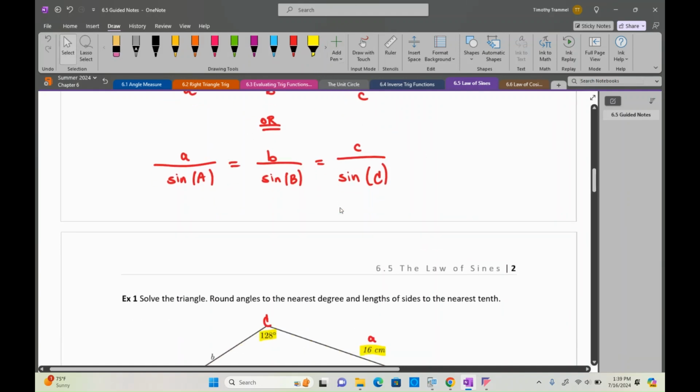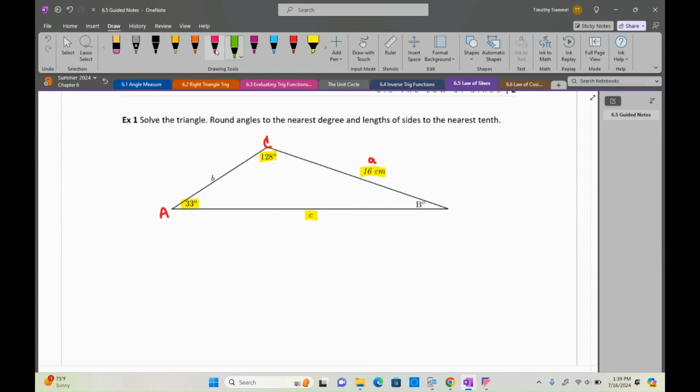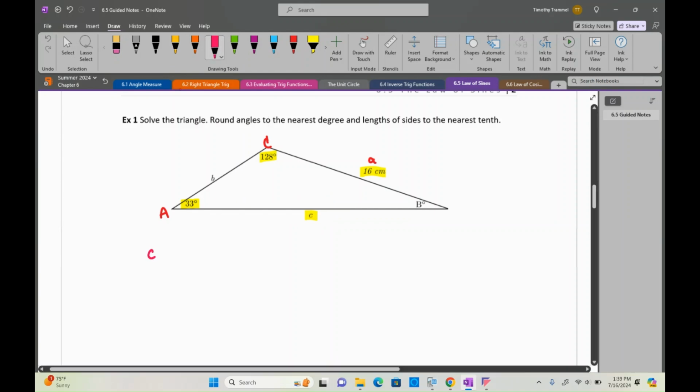The reason I'm saying that is down here, I want it to be easier to solve for little c. So I'm going to write little c on top, divided by sine of big C. And big C, we know what it is, it's 128 degrees.